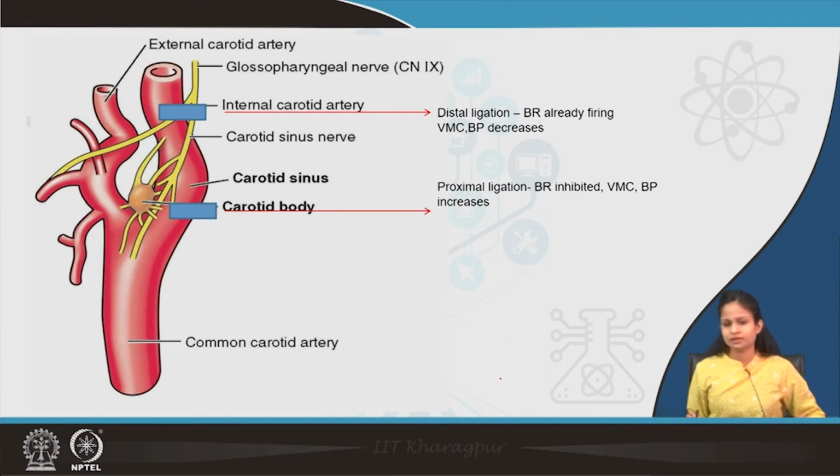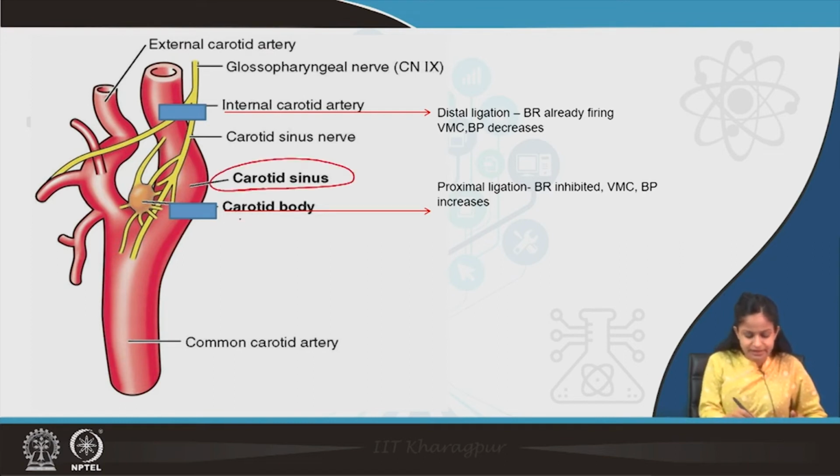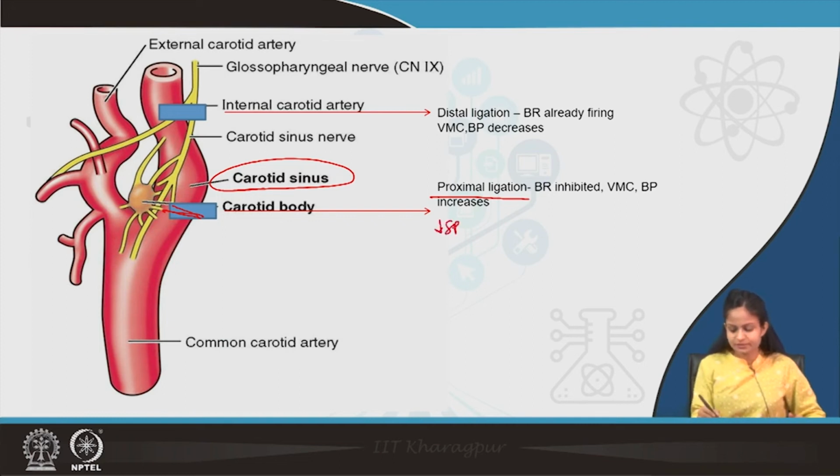Now, what if we do ligation of the carotid sinus, the baroreceptors? It depends on which part we are ligating, whether we are ligating distally or proximally. Whenever we are ligating proximally, that means this is the carotid sinus and here we are ligating, there is no sinus pressure, there is a decrease in the sinus pressure.